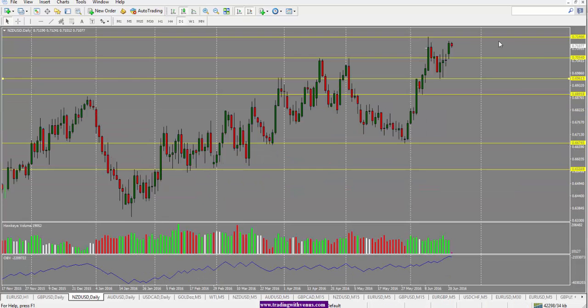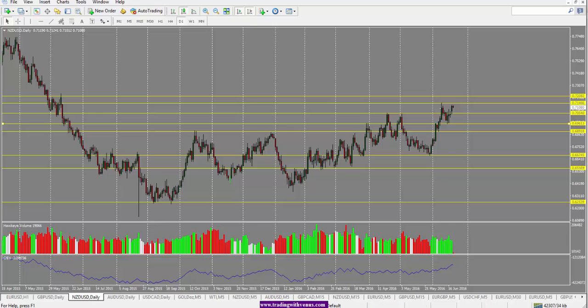Looking at New Zealand US dollar here, we do see a very bullish close on the day, which would suggest a further move to the upside. We're seeing a lot of buying volume here as well, which is bullish for the New Zealand dollar. The next target here would be the 71.50 level, which is the high here. And once we break through that, we are looking at 7200 as the next target.